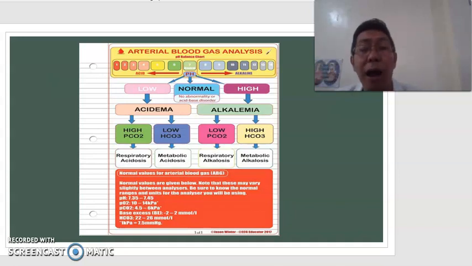Alkalosis, so low PCO2, and of course high bicarbonate. And then you have to determine if it's partially compensated or fully compensated or not compensated at all. So I think you are very good on determining that. It was already taught to you how to determine the analysis of ABG.